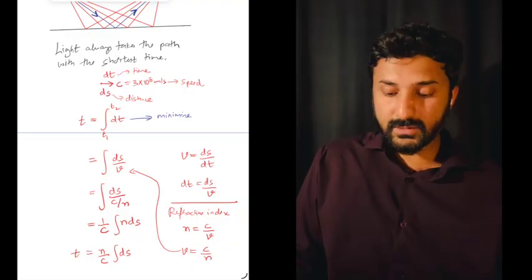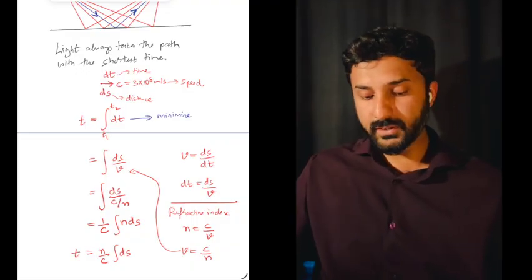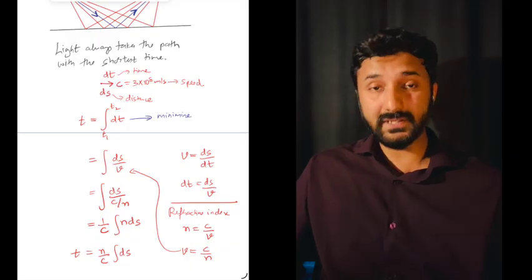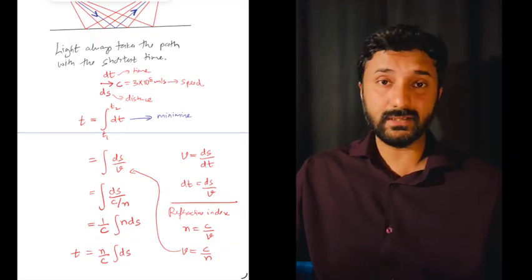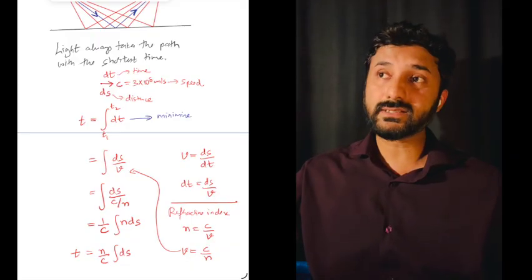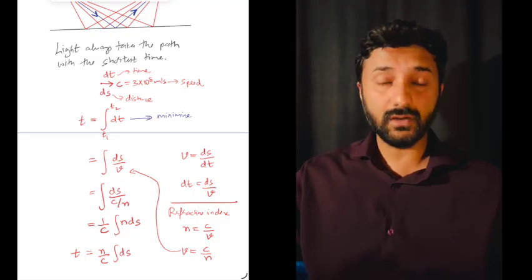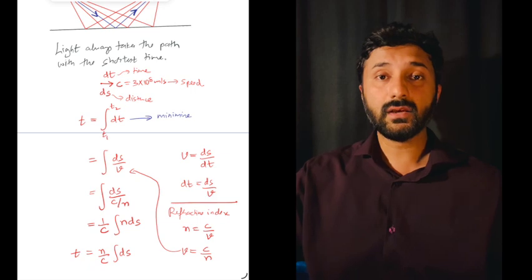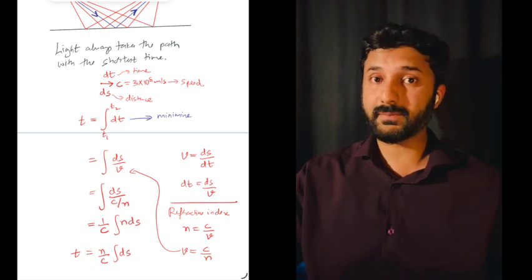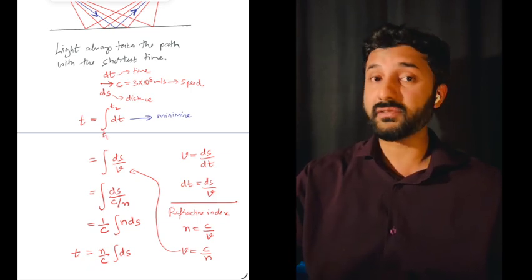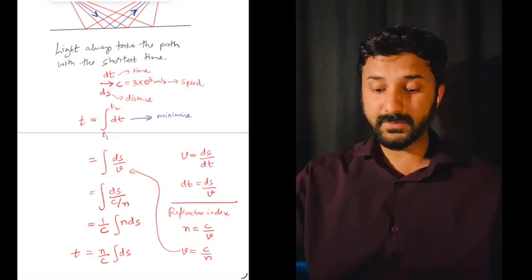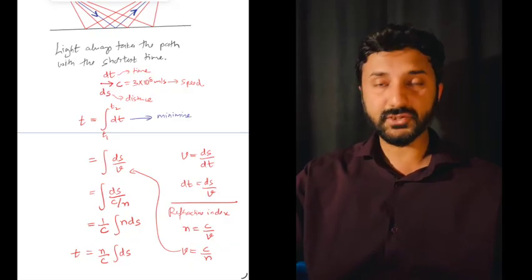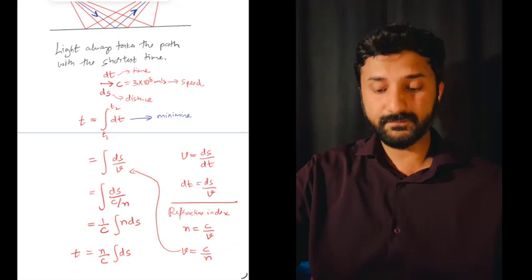So now our task boils down to minimizing this integral, and minimizing this itself will, it turns out, lead us to the two laws of reflection that we discussed earlier, which are empirical laws, which have been deduced from experiments. But now we're able to deduce it theoretically using Fermat's principle and our task of minimizing this integral.